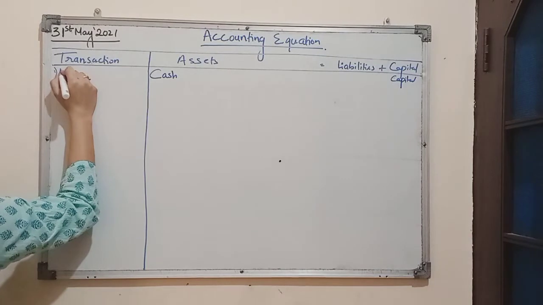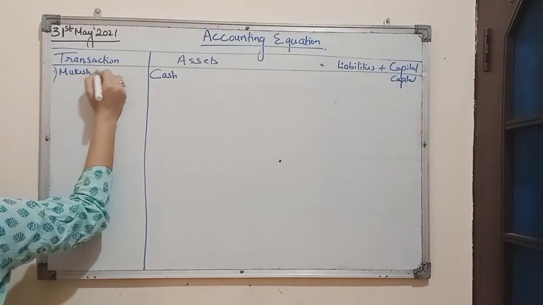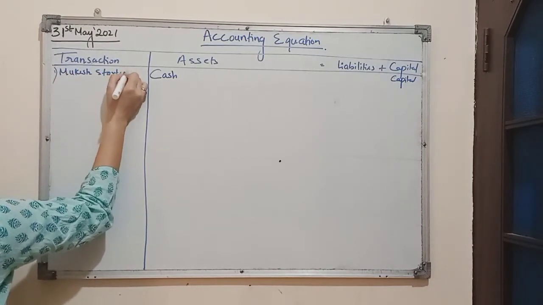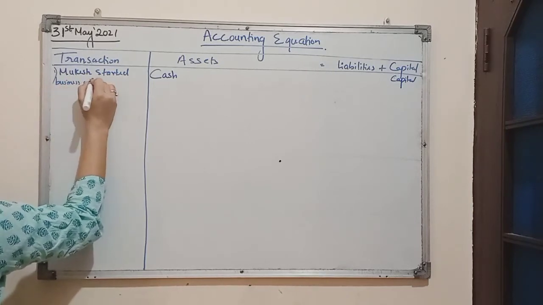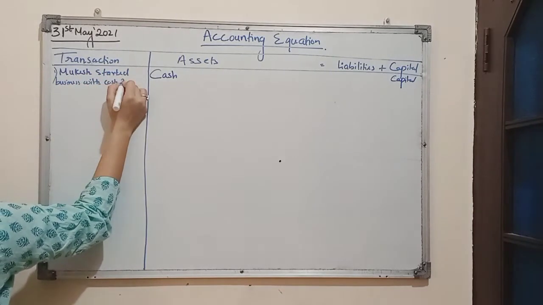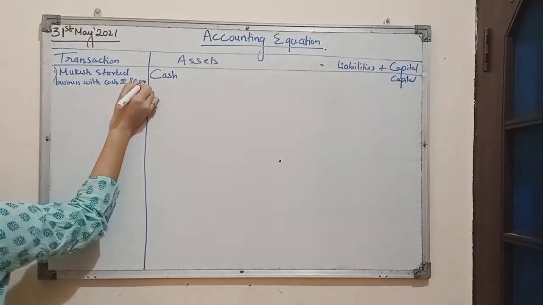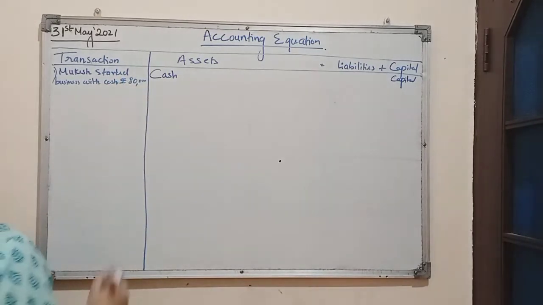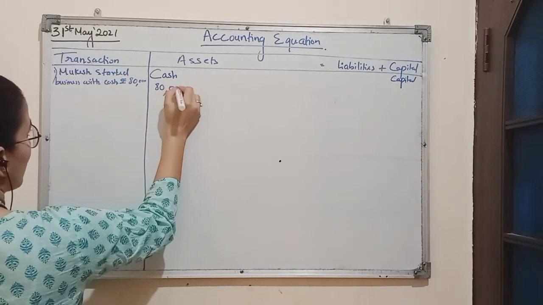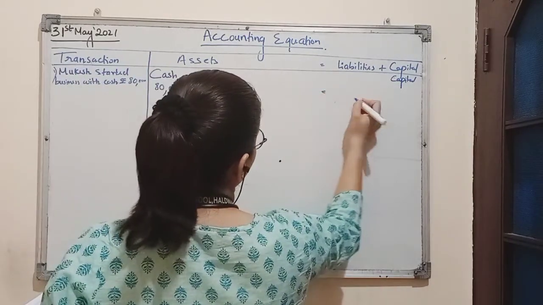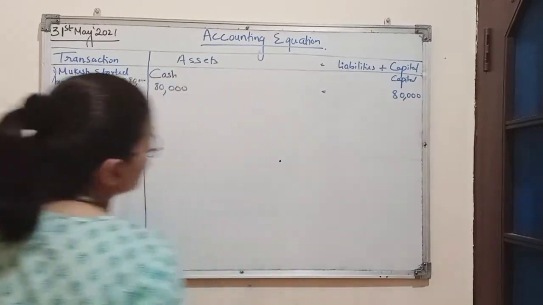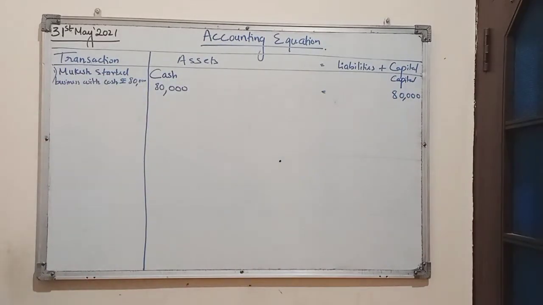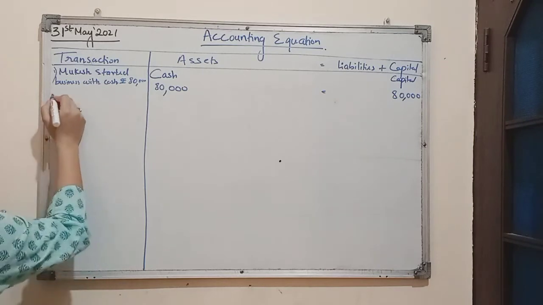So we will write the transaction: Mukesh started business with cash amounting to rupees 80,000. So 80,000 will be recorded in the cash column and the same amount will be recorded in the capital column on the liabilities side.